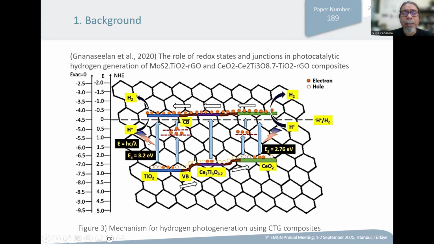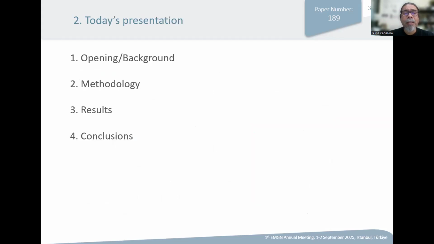You can see here that the reduced graphene oxide is the skeleton that sustains all the photocatalysts, and upon illumination, the electrons and holes diffuse through this graded interface and produce hydrogen in the extremes. Reduced graphene oxide acts as a sensitizer that reduces the recombination of the electrons and increases the rate of hydrogen produced.